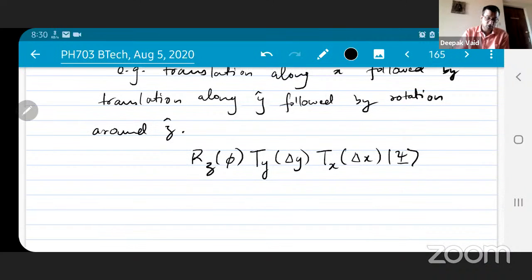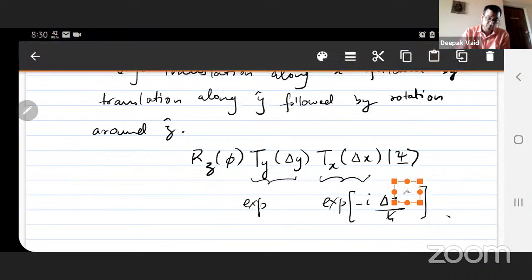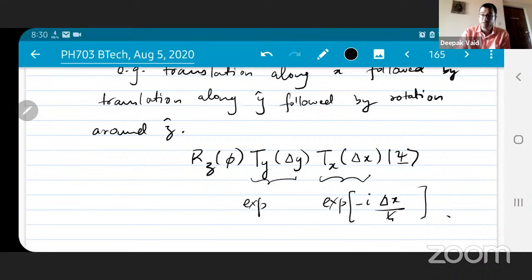So what are all of these three operators? This guy is exponential minus i delta x P hat by h bar. Sorry, not x hat, very careful about that. The momentum, right? Which momentum? Momentum is a generator of translations, right? So if you want to move along the x direction, which momentum should you use?